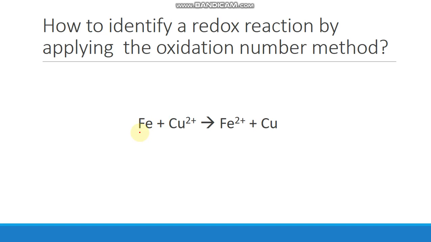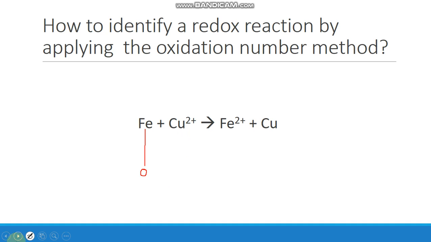So what do we have first in the reactants? We have Fe. What's the oxidation number of Fe? It is in its elemental form, meaning it's equal to 0. So we draw a line and we write the oxidation number, which is 0. Okay, we have the second reactant, which is Cu2+.